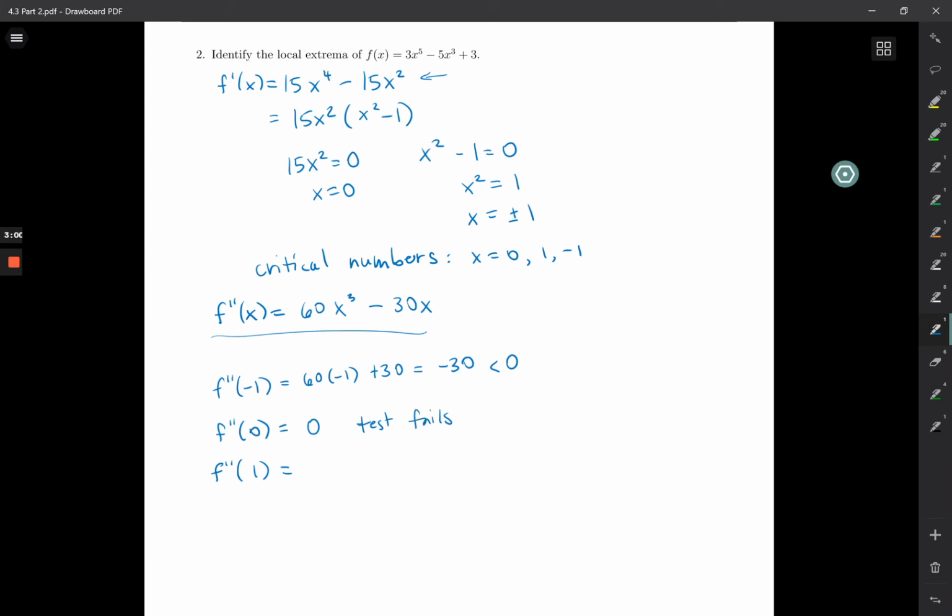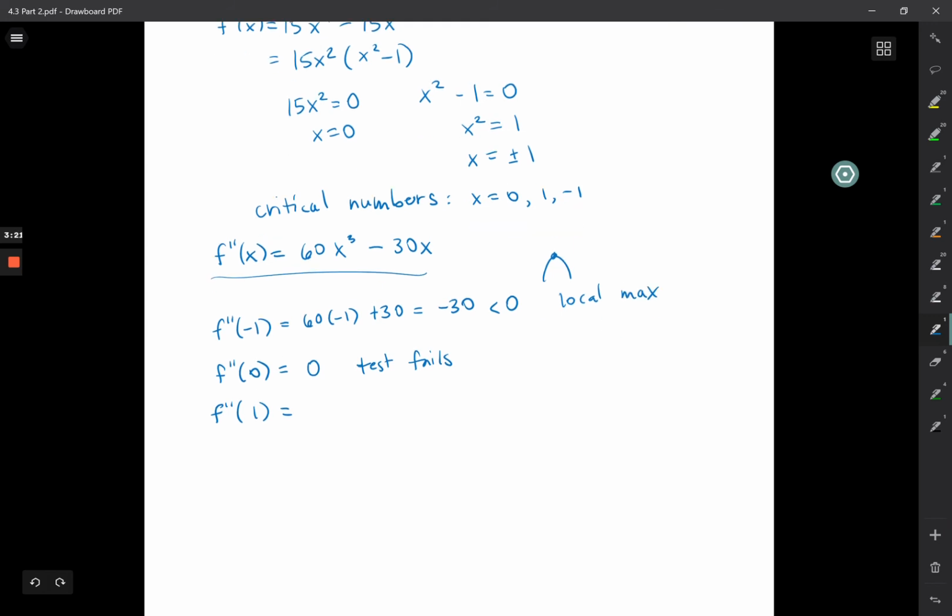For minus 1, we got something that is less than 0, which means the function is concave down there, so this is a local max. Then when we plug in 1, we'll get 60 times 1 plus 30, so we get 30, which is not less than 0, it's greater than 0.